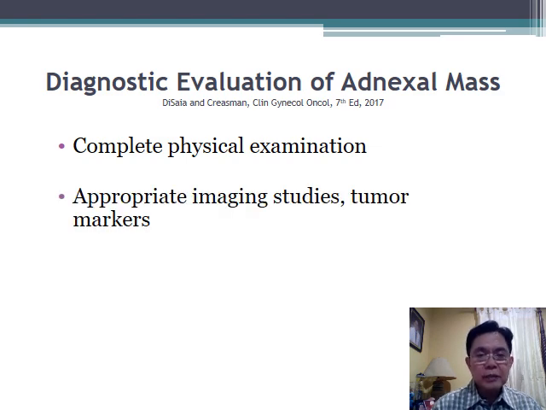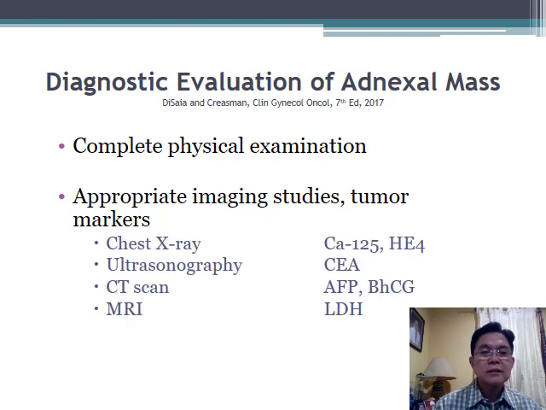After that, you may ask for imaging studies. Or if you are highly suspecting an ovarian tumor, particularly in a postmenopausal woman, then maybe your tumor marker can also be requested. However, if you are considering a germ cell tumor, then the age of the patient might not be a strong factor.